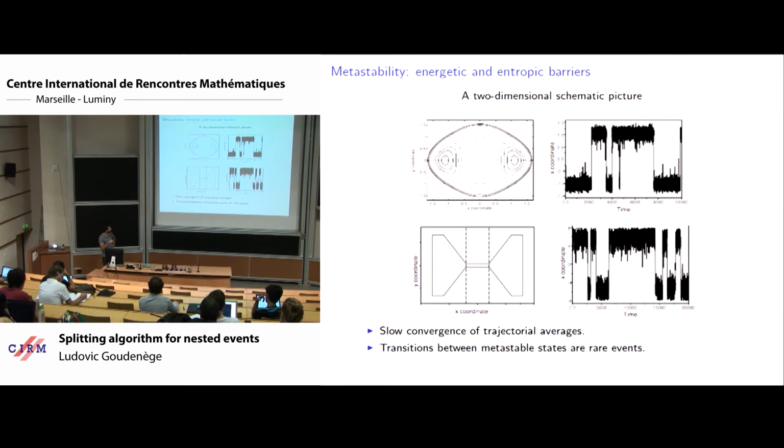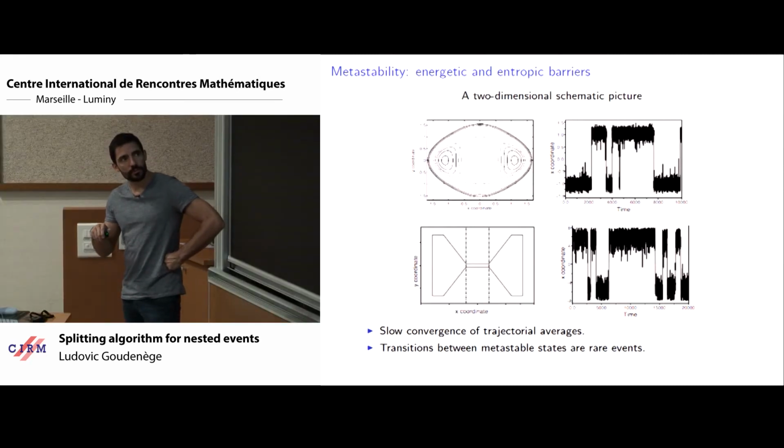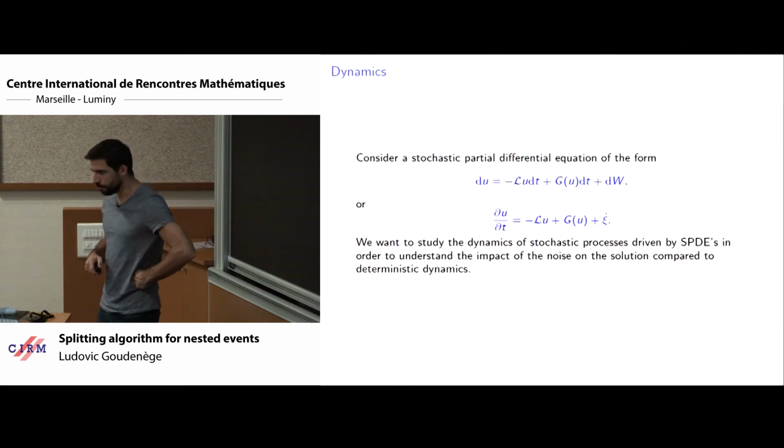And when you find the corridor, you jump very rapidly from one side to the other side. So this is linked to a slow convergence of trajectorial averages. You want to make some averages on this particular part. And so the transition is a very rare event.